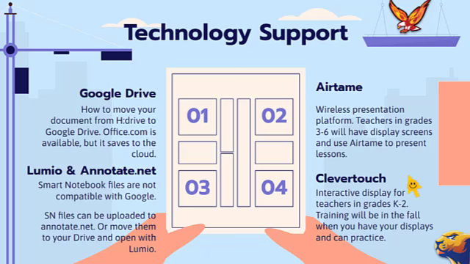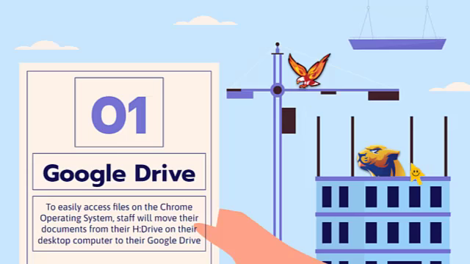And then Clever Touch, which are interactive displays for the K-2 teachers. We're looking at training on Airtame and Clever Touch when you can actually play with them and practice. So we're looking at those more at the very beginning of the year, or maybe before school starts. But today we are talking about Google Drive.